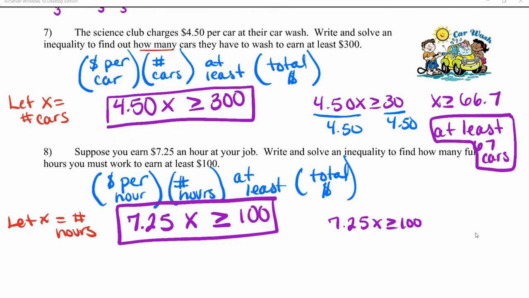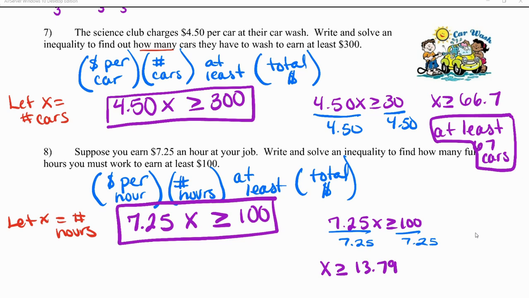So there's the inequality that models the situation. And when we solve, we want to divide both sides by 725.